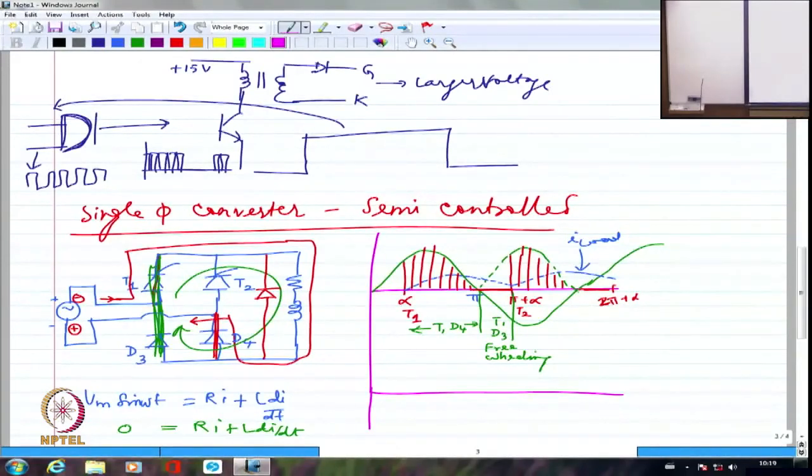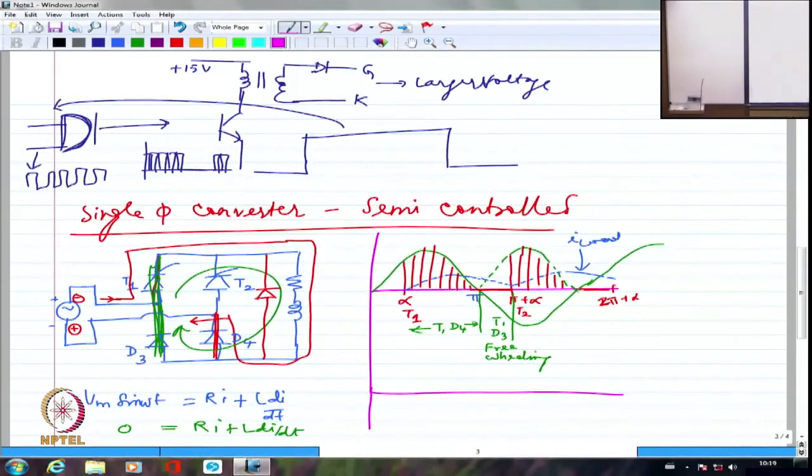As long as T1 and D4 are conducting, I am going to have the supply voltage directly connected to the load. So the supply voltage comes right across the load, and the load voltage is the same as the supply voltage from alpha to pi.